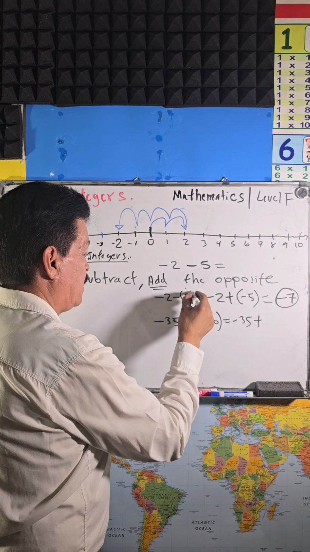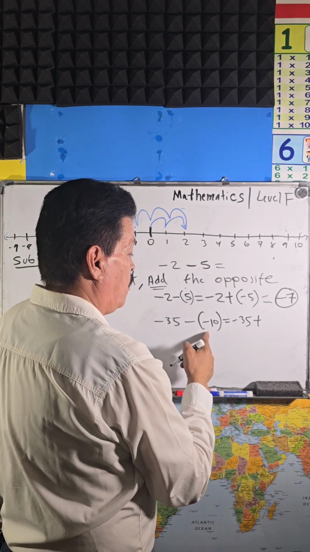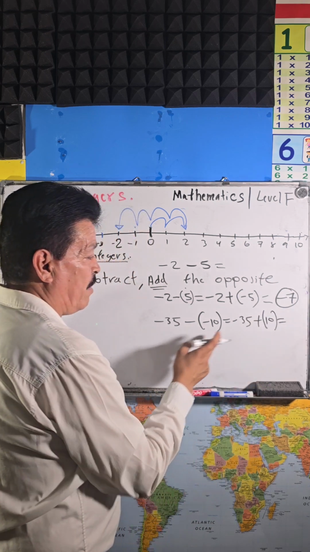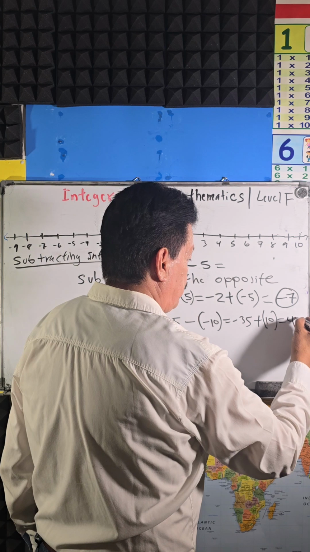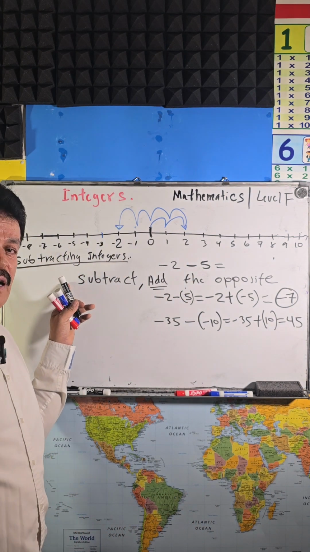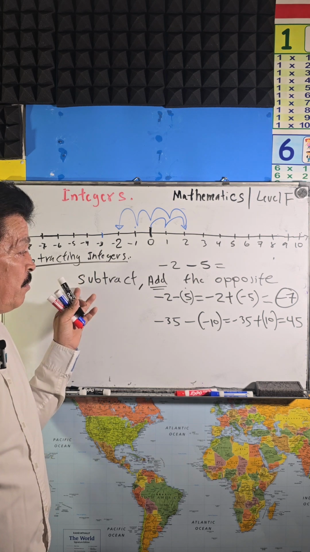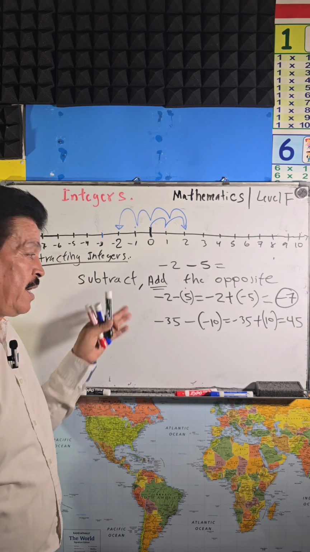Because we are subtracting, this is positive, to identify the numbers. So the opposite of negative 10 is 10. So how much is it? It's negative 25. This is very important. This is the little difference between adding integers and subtracting, right?